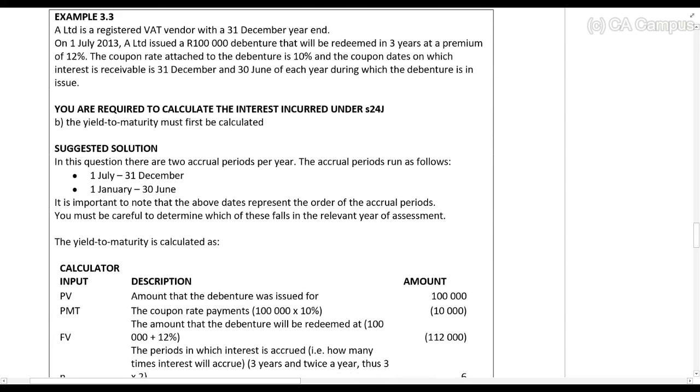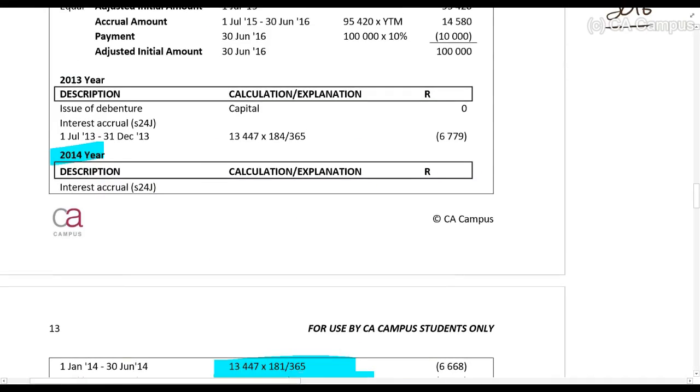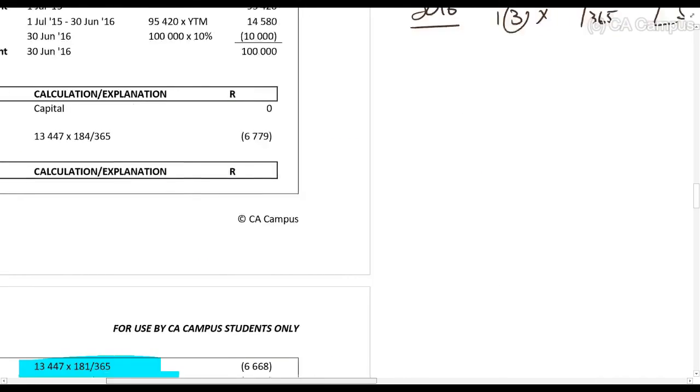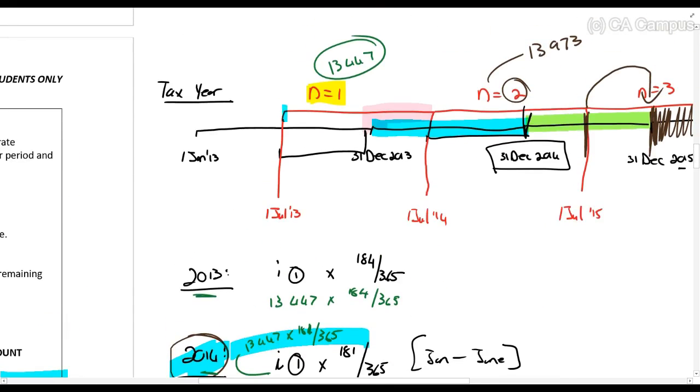Then example 3.3, guys, going to go through it quite quickly. It's the same concept, right? The difference is here, now we have more than one accrual period per year. So what I mean by that is in our previous example, our accrual period ran a year from 1st of July 2013 to the end of June 2014.